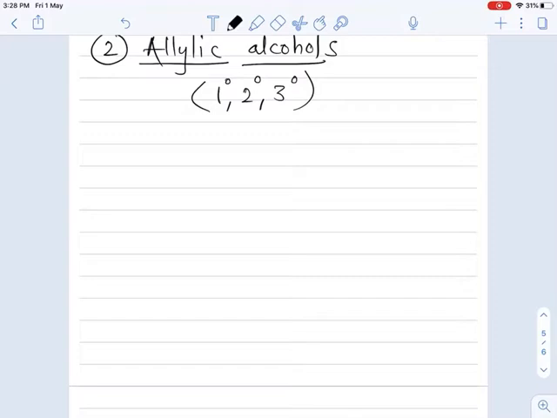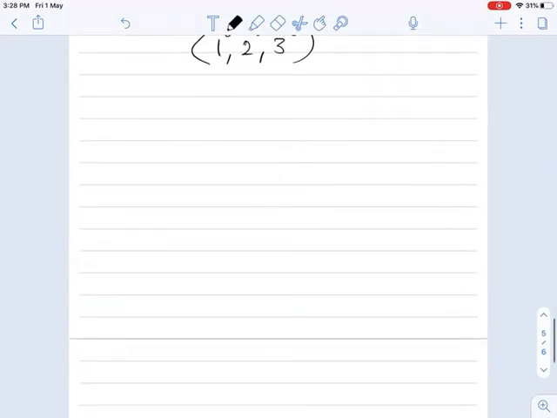First, you must know about the allylic group. What is the meaning of allylic group? Allylic group means the carbon which is attached to the OH group, which is further attached to a carbon-carbon double bond. So see here, this is the carbon-carbon double bond, and this doubly bonded carbon is attached to the carbon to which the OH group is attached.